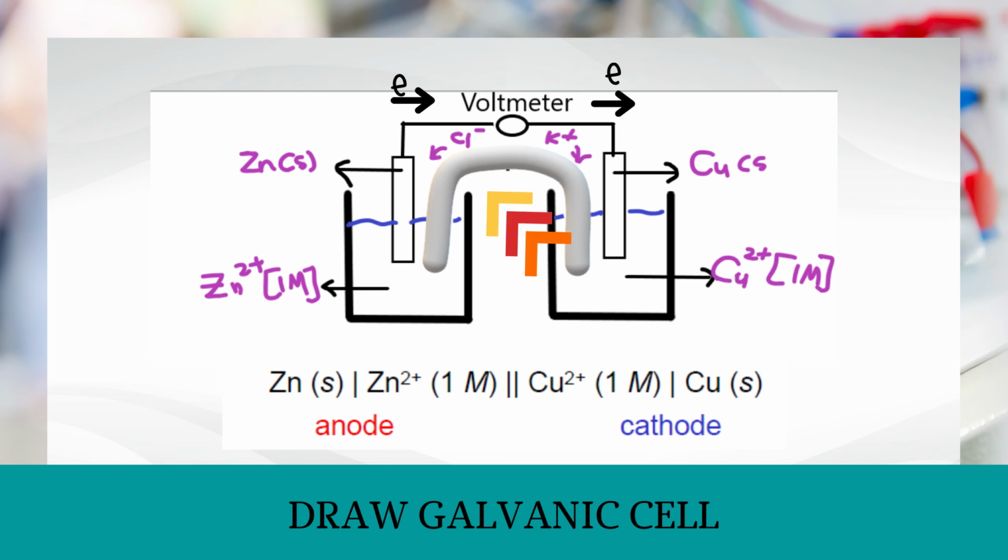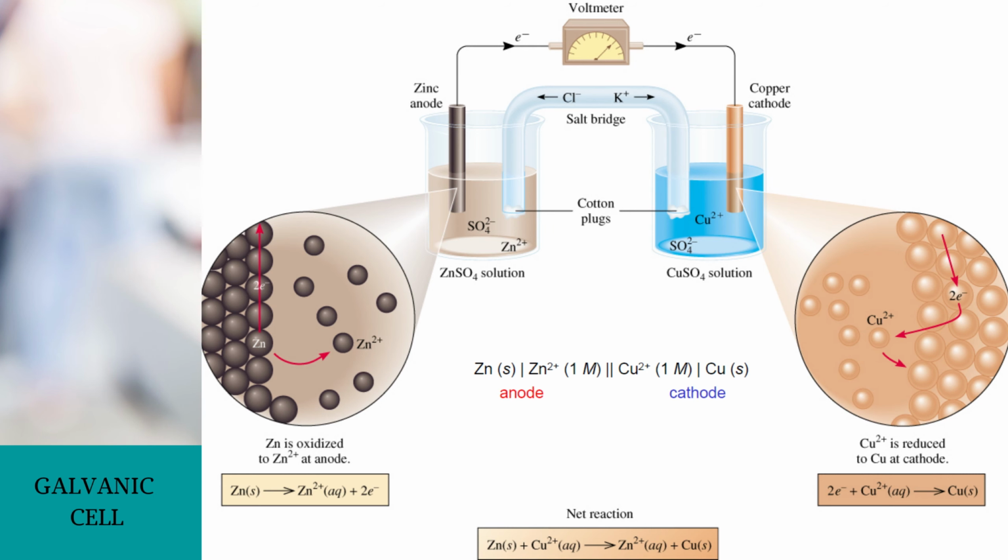As oxidation and reduction proceed, ions from the salt bridge migrate to prevent charge build-up in the cell compartments. You can see more clearly the movement of electrons and ions from this image, and you can also see the equations for the reactions at the anode and cathode.